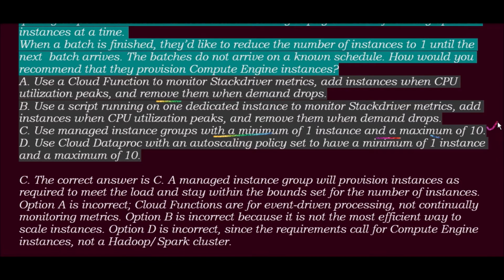Okay, just look at option D. Use Cloud Dataproc with an autoscaling policy set to have a minimum of 1 instance and a maximum of 10. This is not suitable for this question since the requirements call for Compute Engine instances, not a Hadoop or a Spark cluster. That's why option D is incorrect.